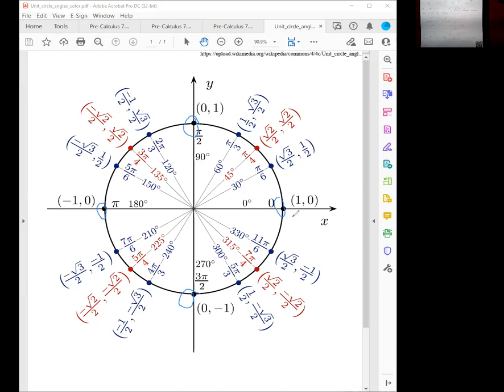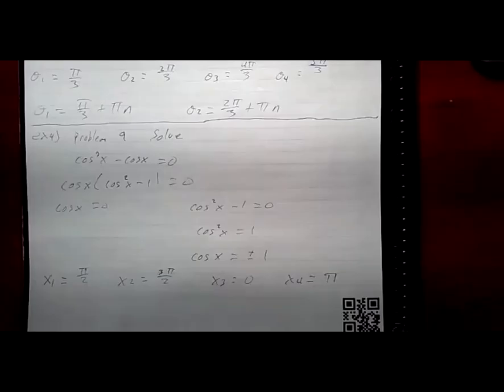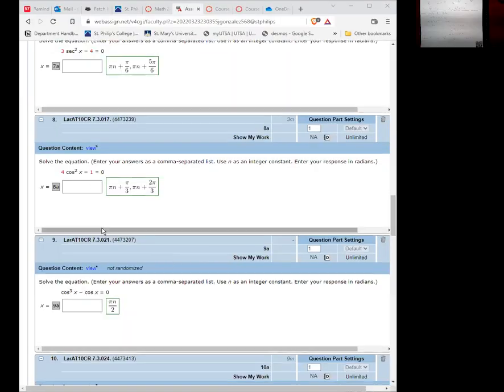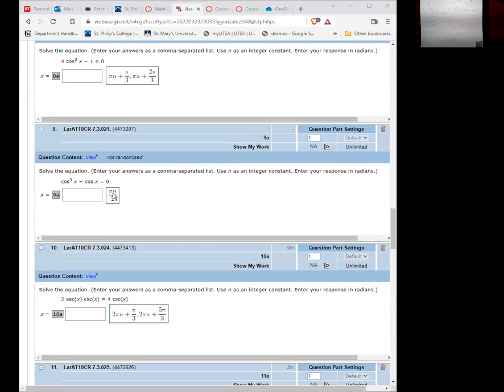0 times pi over 2 gets me here. 1 pi over 2 gets me there. 2 pi over 2 is a pi. 3 pi over 2 is right there. 4 pi over 2 is 2 pi. And I can keep doing that. You see what I'm saying? That's where this answer comes from in the homework. This is problem 9. That's why they just simply wrote n pi over 2.